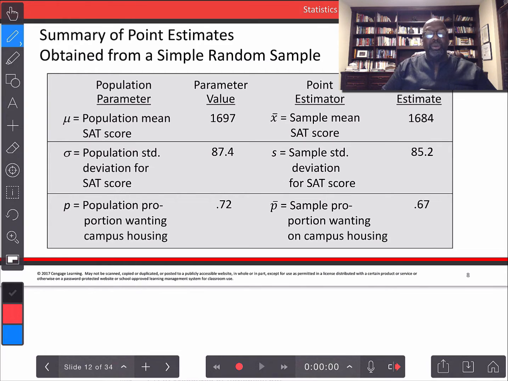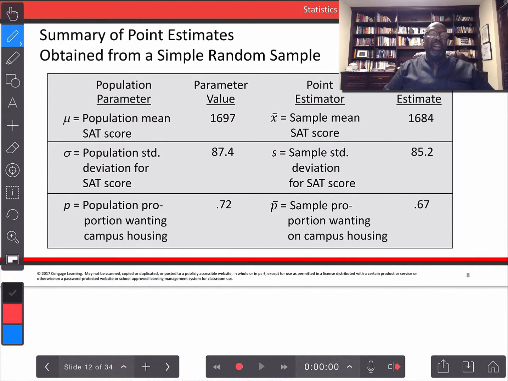And so that's just an example showing you the mean values for some SAT scores. We look at the entire population, and then we took a random sample, and then we can get different values. Now always remember that what you observe in a sample is not always going to be exactly equal to the population value. It is an estimate of it. And if you have a pretty good sample, then your estimate should be pretty good.